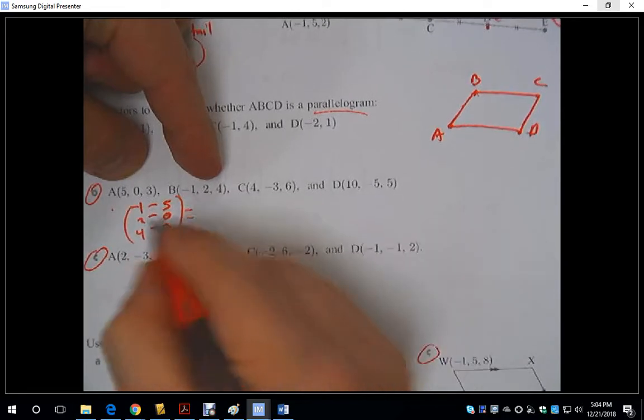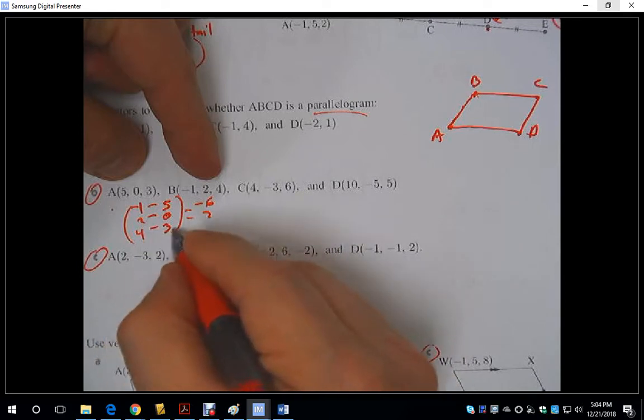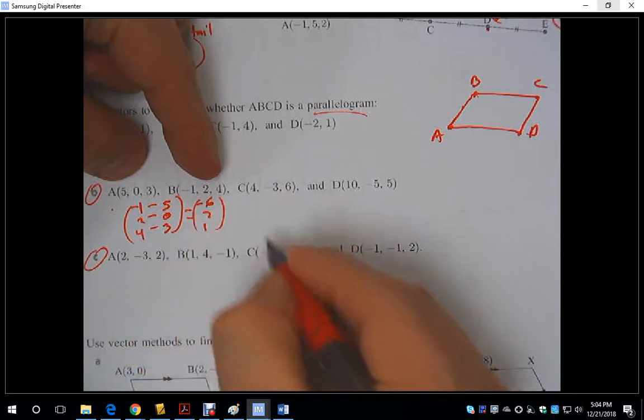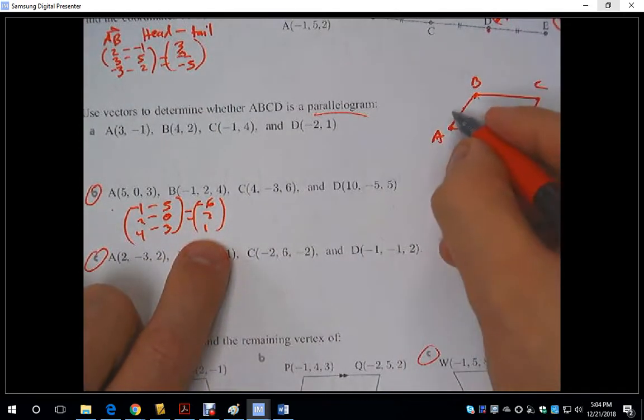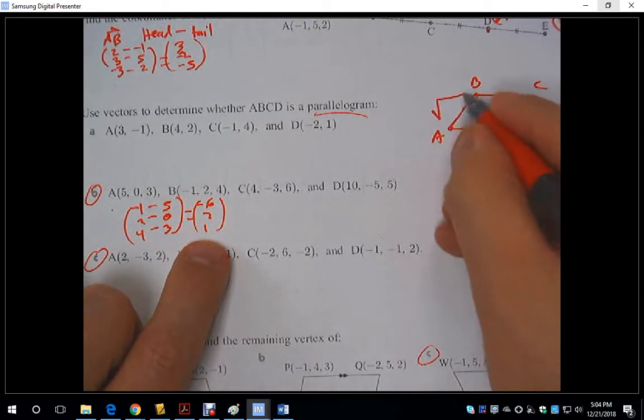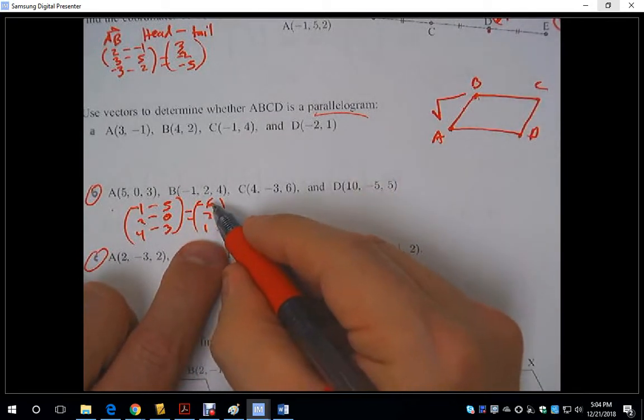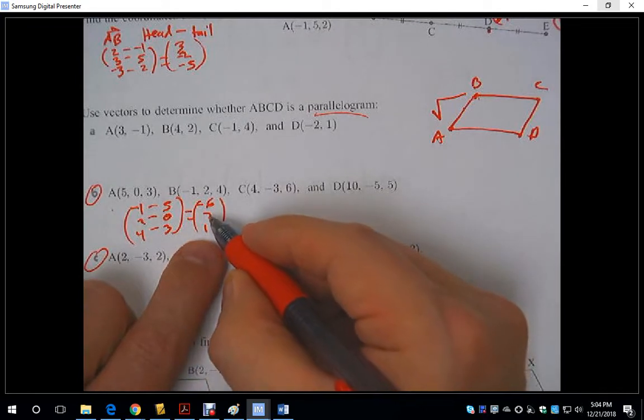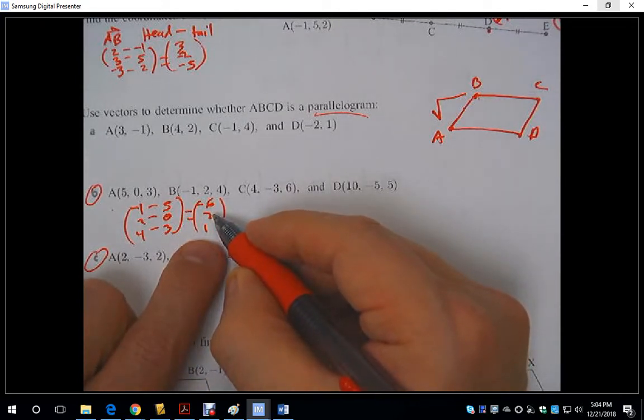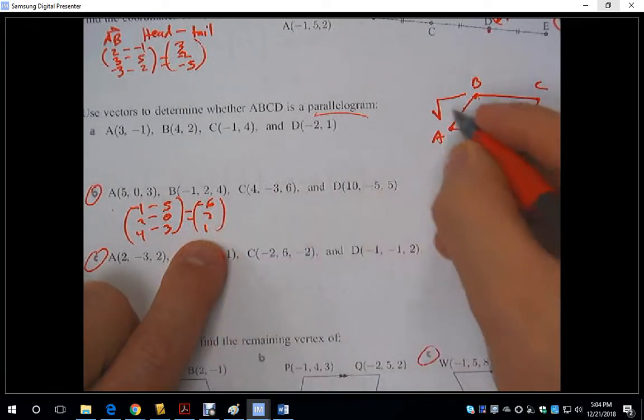That gives me -1 minus 5 is -6, 2 minus 0 is 2, 4 minus 3 is 1. What's the magnitude then? It's -6 squared, which is 36, plus 2 squared, which is 4. 36 plus 4 is 40, plus 1 is 41. I'm getting 41.